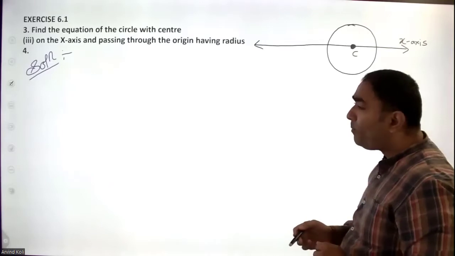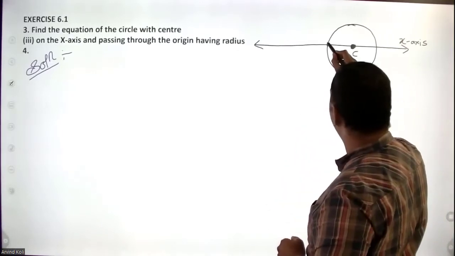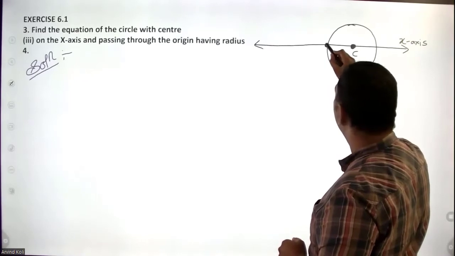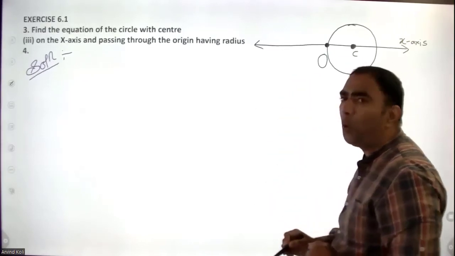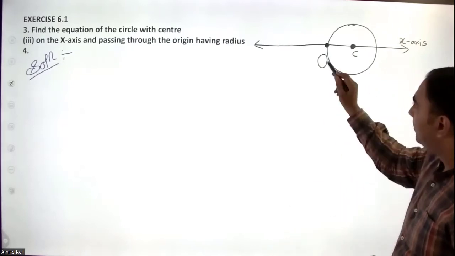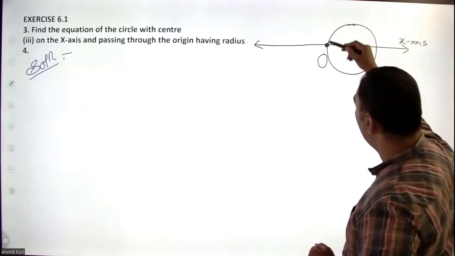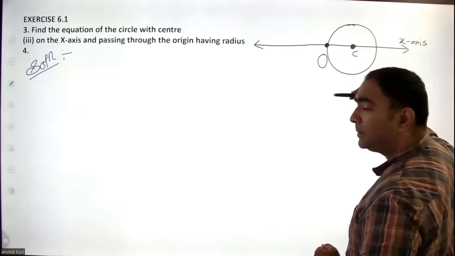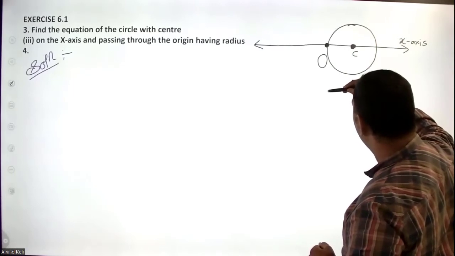Now, the circle is passing through the origin, that is, this point is the origin. That is why I said the y-axis will be like this. Is it making sense? So let me draw the y-axis also over here.